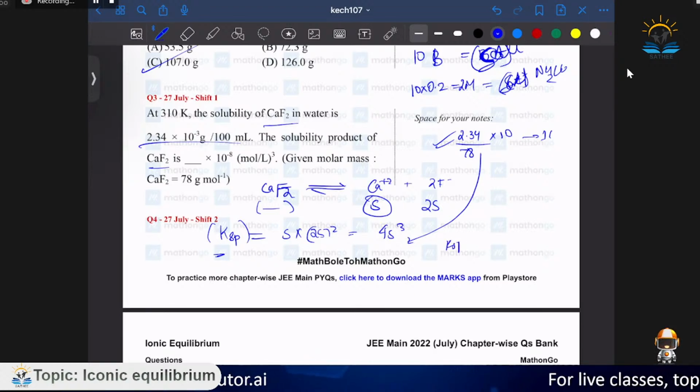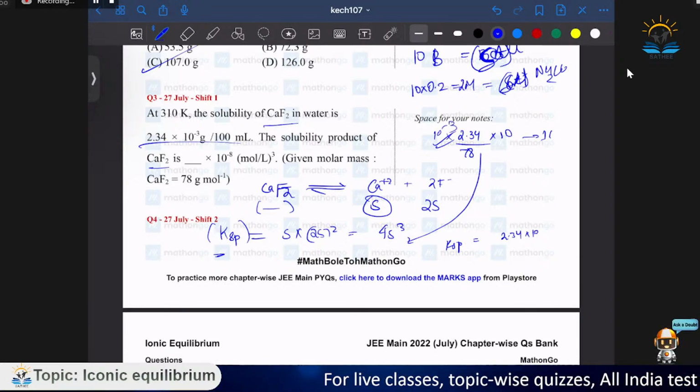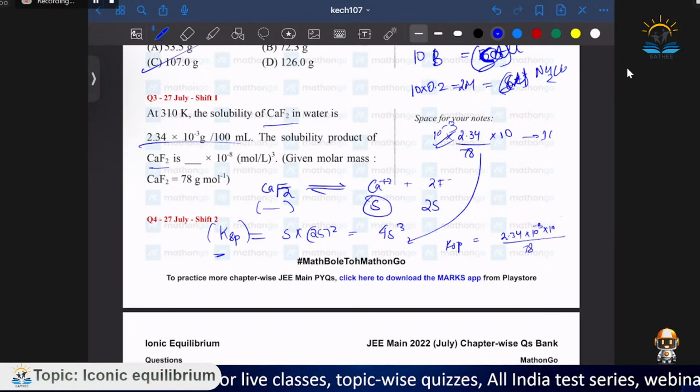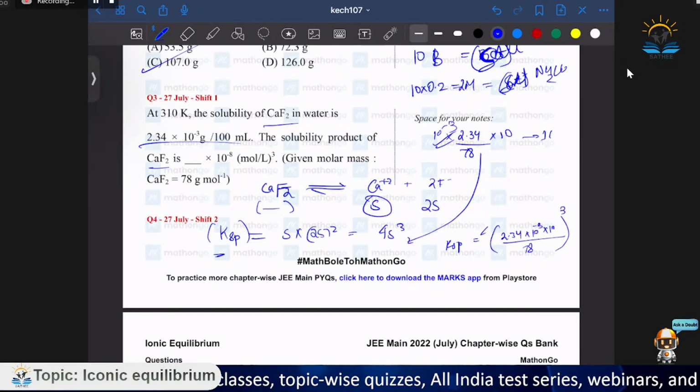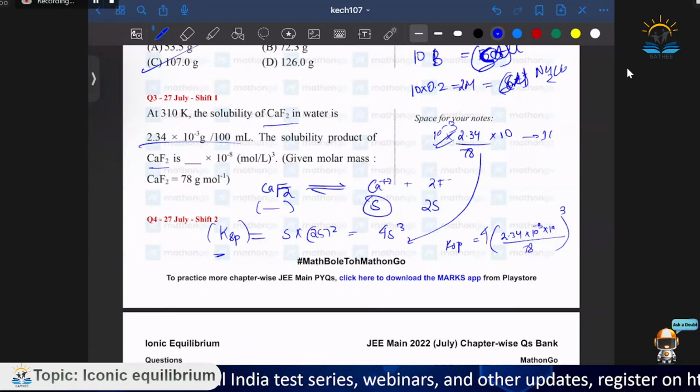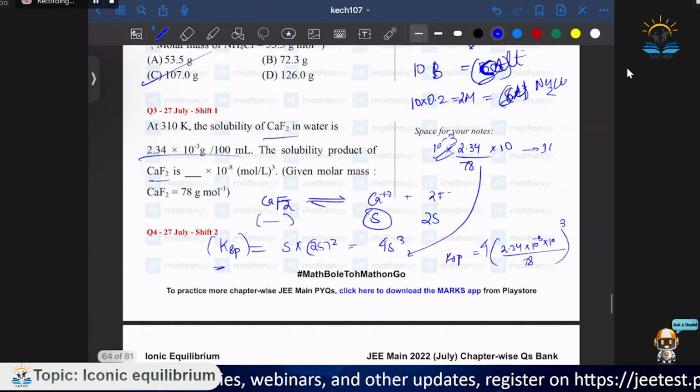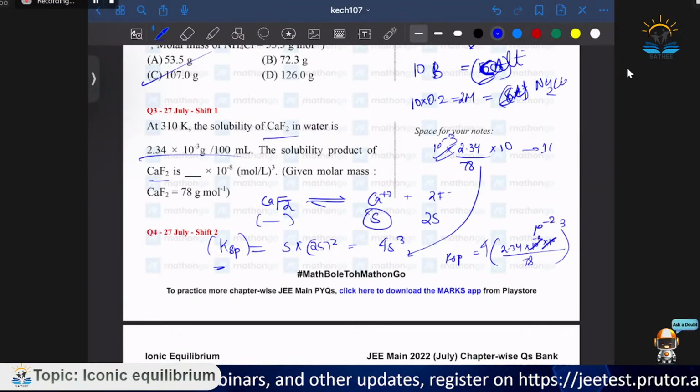So KSP is equal to 2.34 into 10 to the power minus 3 into 10 divided by 78, the whole cube, and has to be multiplied by 4. On calculating this, let me calculate it and I'll tell you the exact answer. So this is basically 10 to the power minus 2.